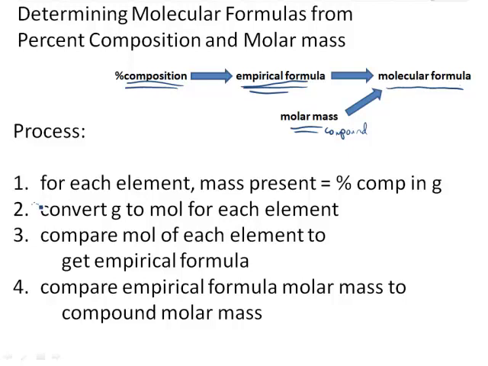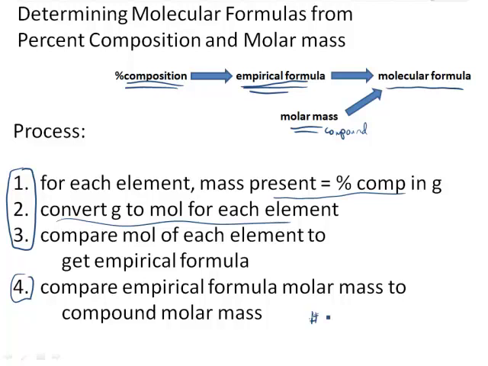So the process is, for each element, mass percent equals the percent composition in grams. Convert grams to moles for each element. Compare those to get the empirical formula. So we did this already. That's what we did to get the empirical formula. And then the final step is to compare the empirical formula molar mass to the compound molar mass to get the number of empirical formula units.